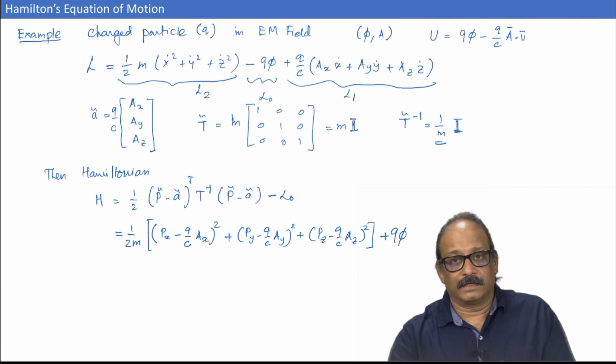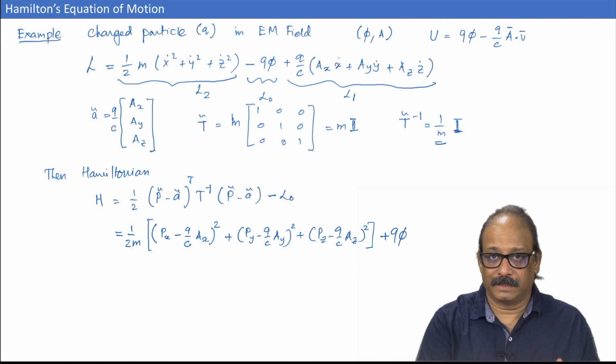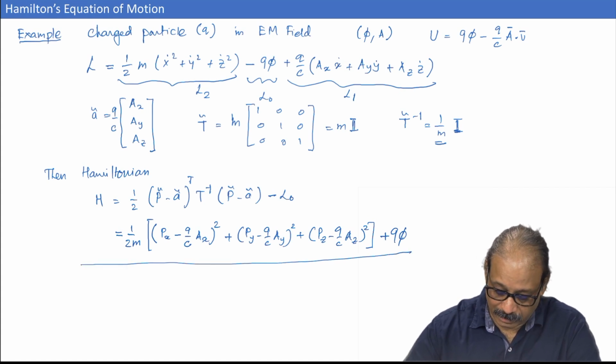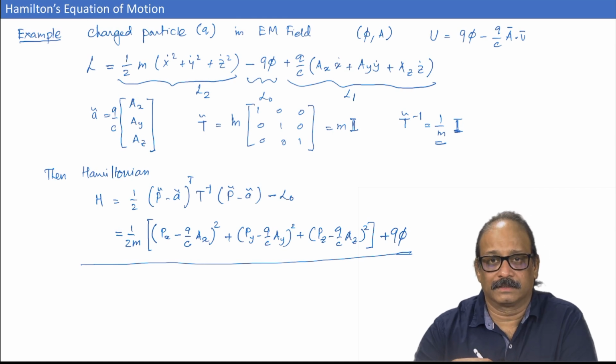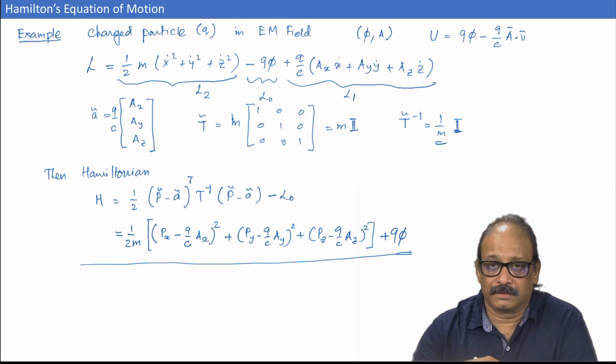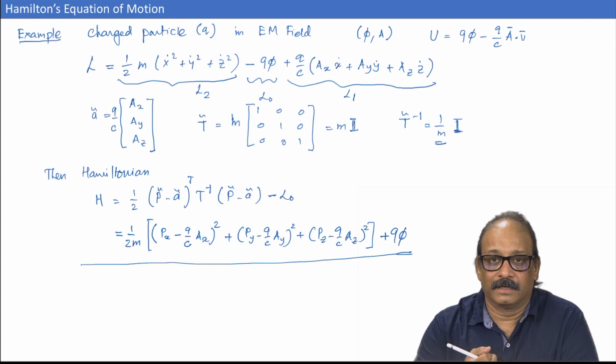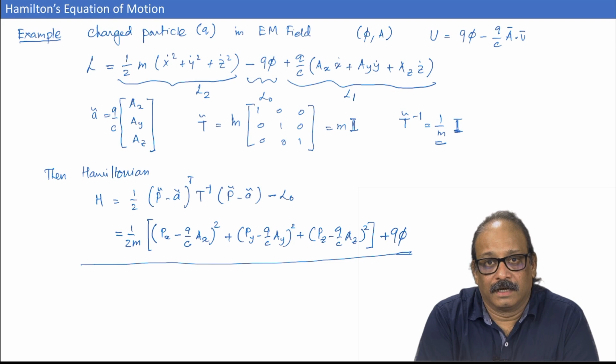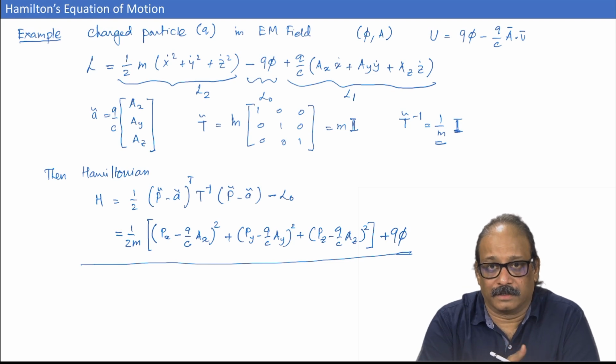Then we can immediately apply the technique to construct the Hamiltonian out of this, okay, for the electromagnetic field. And remember, this Hamiltonian applies to any electromagnetic field that is calculated out of some scalar potential and the vector potential. Okay.